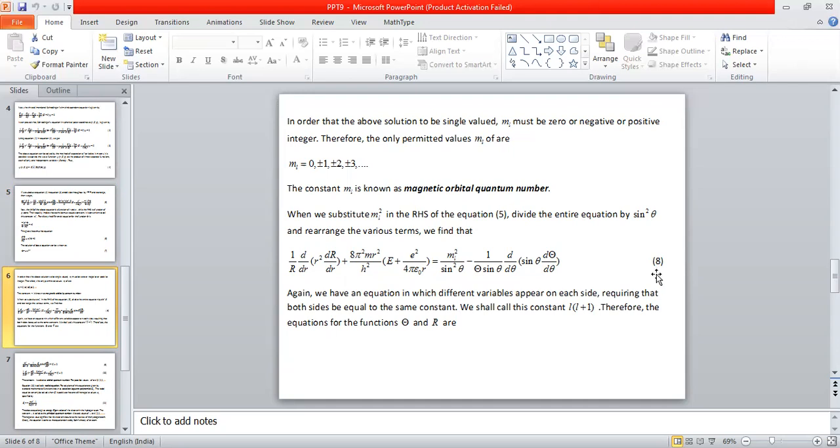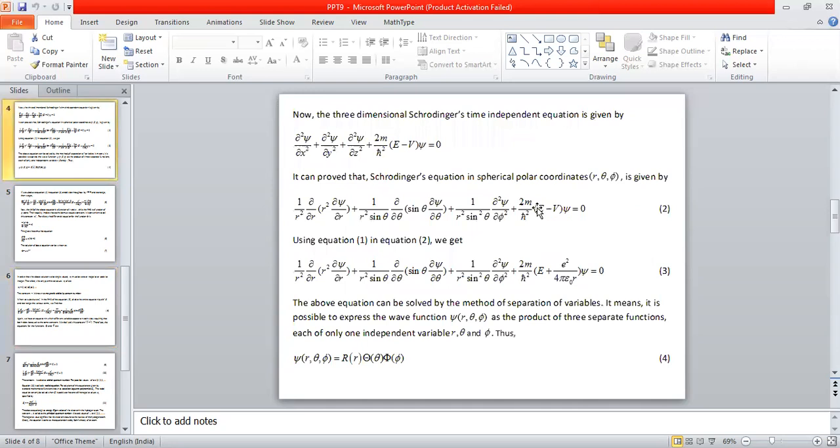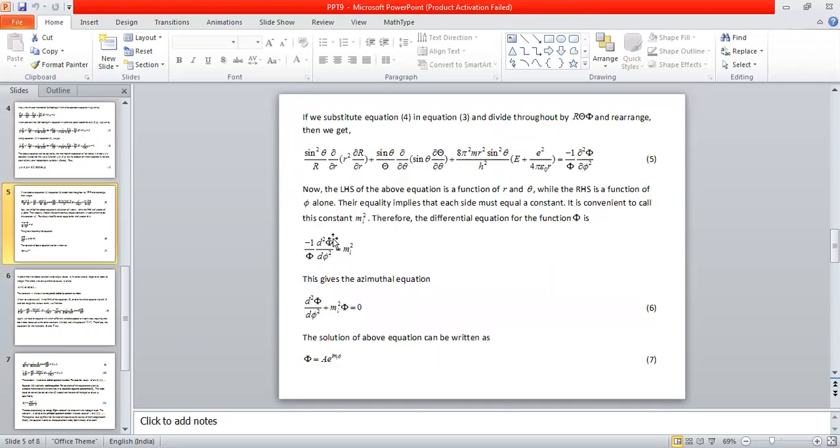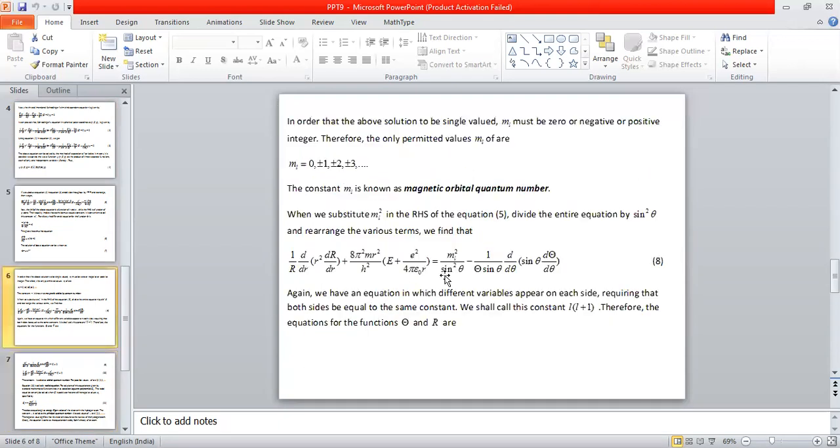The equation that we wrote here, we separated into one separate equation in terms of theta, and we are continuing our method of separation. In order to continue the separation, we separated the r term onto the left side and the theta term onto the right side.